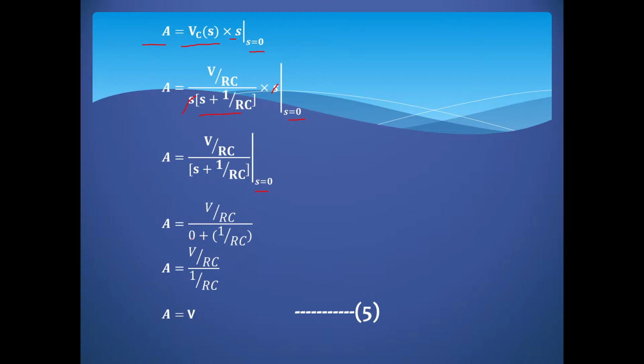Now substitute the s value here, 0. So V by RC by 0 plus 1 by RC.